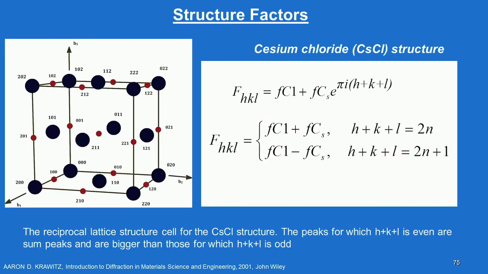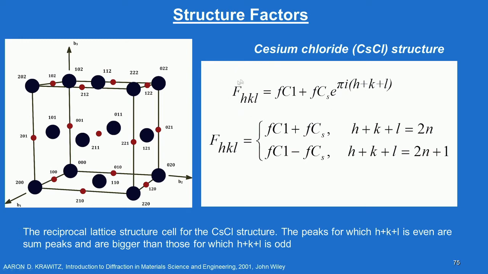Now, we will see some interesting examples. A cesium chloride structure, where you can see that it is a kind of body centered unit cell, has 2 atoms, that is chlorine and cesium atoms per unit cell, one in the corner, another in the body centered position.